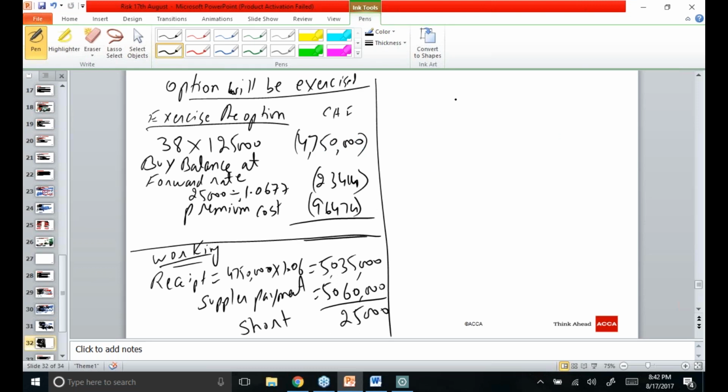That's the total payment. In case of this exercise price, you will take the same assumption that you will exercise, as the number of contracts was the same.